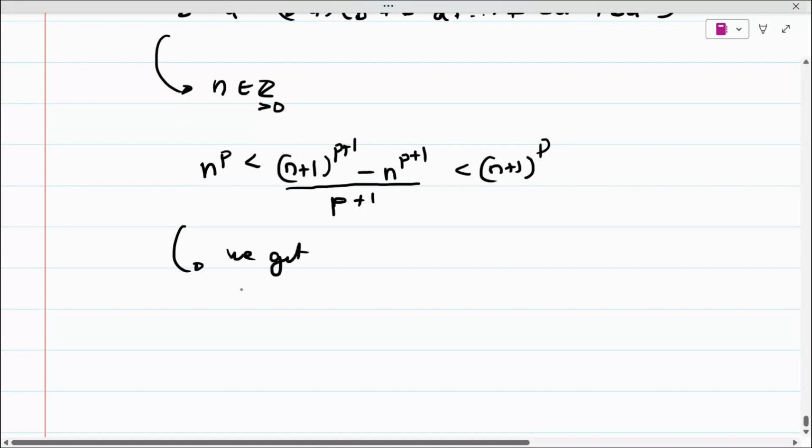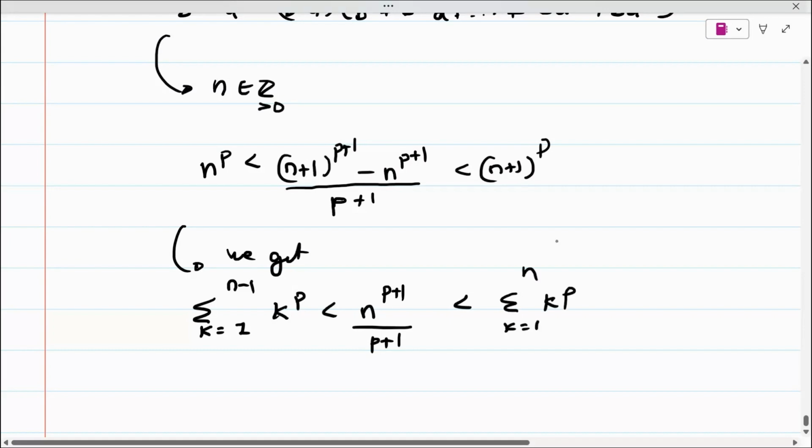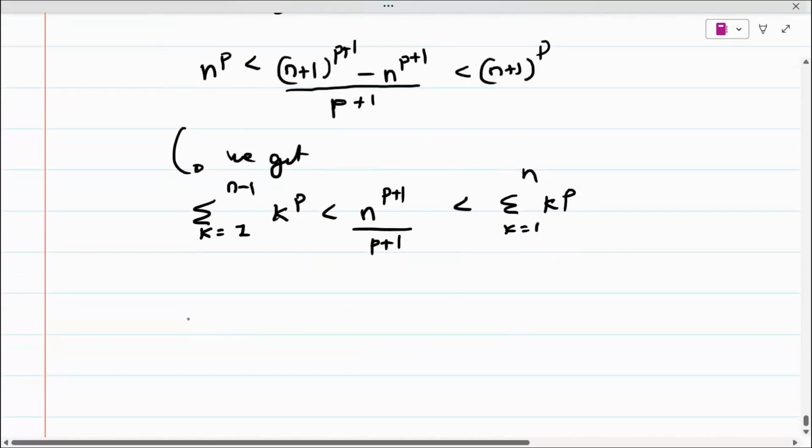Then from that, we have this much where it's 1 for the result. But here we have 0.